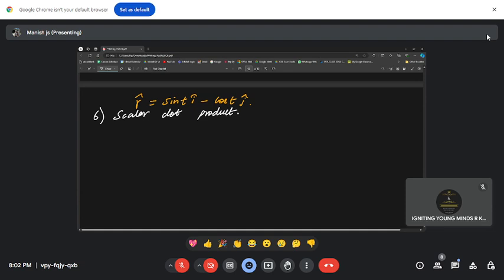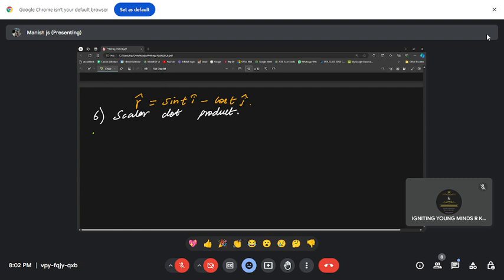Whenever we say a scalar dot product, how do we represent it? Let us see. The scalar dot product is an algebraic operation which is used to find the product of any two given vectors.